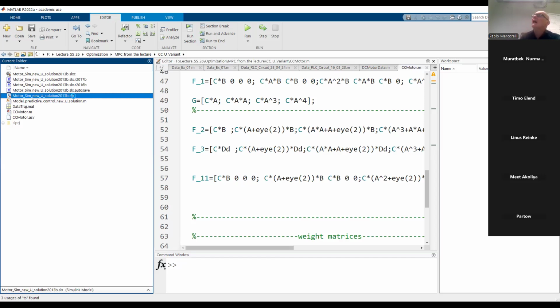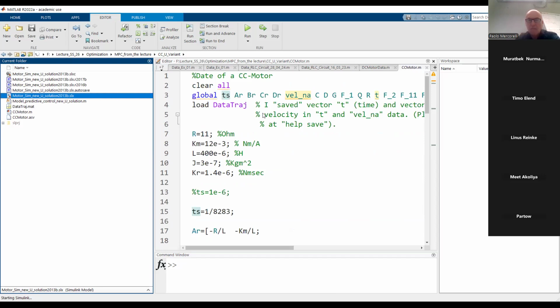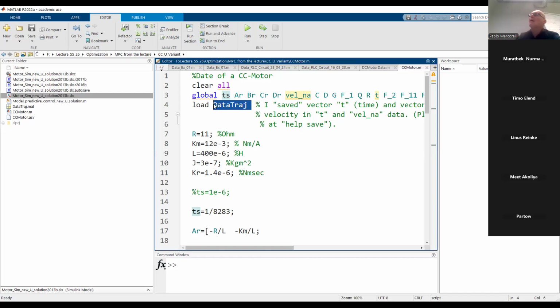In a few minutes, I show you the Simulink structure, because it is extremely easy: I have to apply just one equation, the solution. But of course, in Simulink I need to define the desired trajectory. We can see also here that I loaded the data trajectory. It is written that I saved my velocity profile in an extra file.